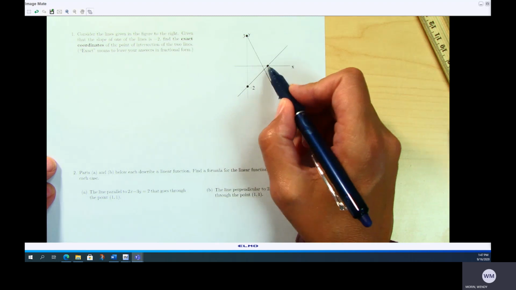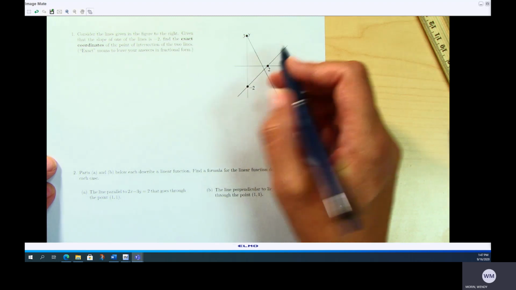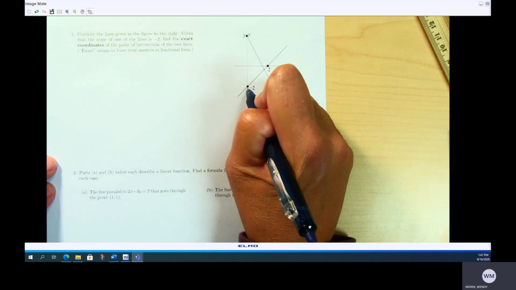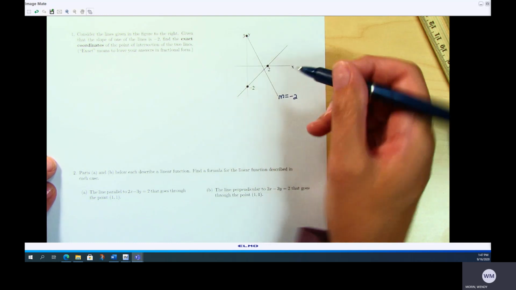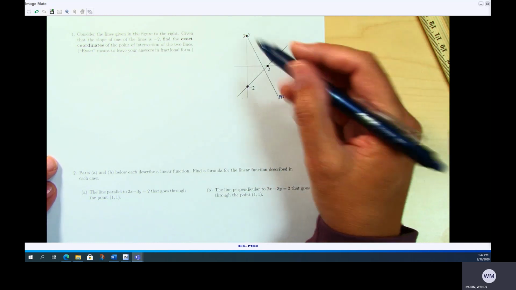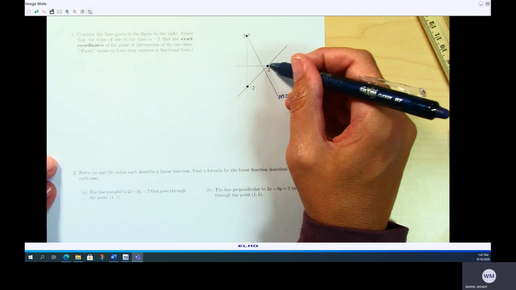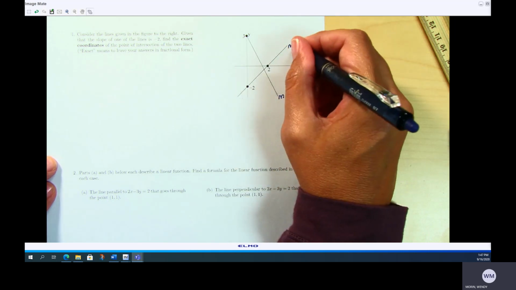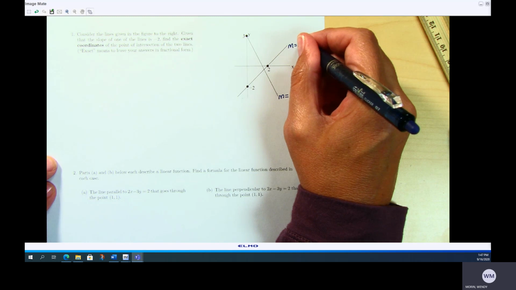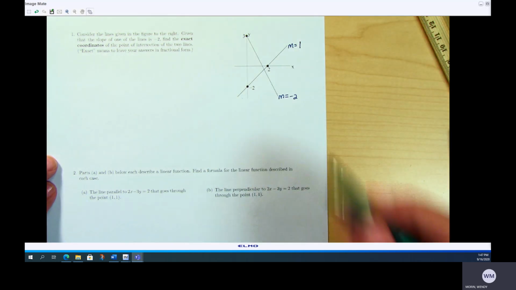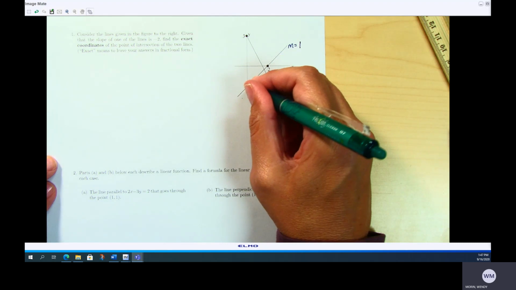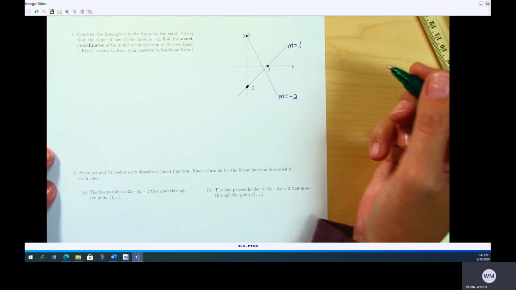Well, they give us 2 points here. This point right here is (0, -2), and this point right here is (2, 0). You could use the slope formula, or you could just count. Rise over run, 2 over 2. So we know the slope of this one is equal to 1. Now we also know the y-intercept here is -2.